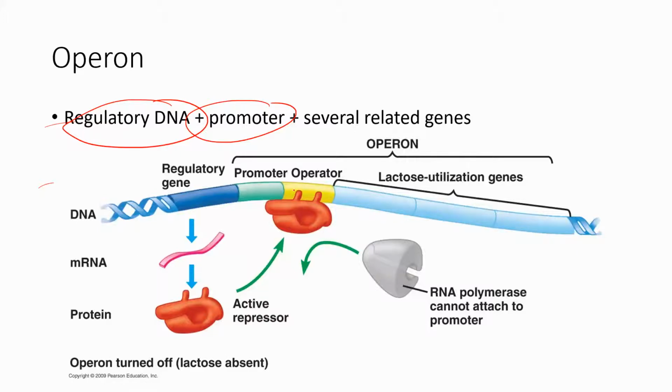A lot of times it's where the RNA polymerase is going to bind, and I tend to think of it as an on-off switch. You also have something called an operator. An operator is where these regulatory genes will bind, so that will determine whether or not these genes will be expressed. And then you have several related genes.